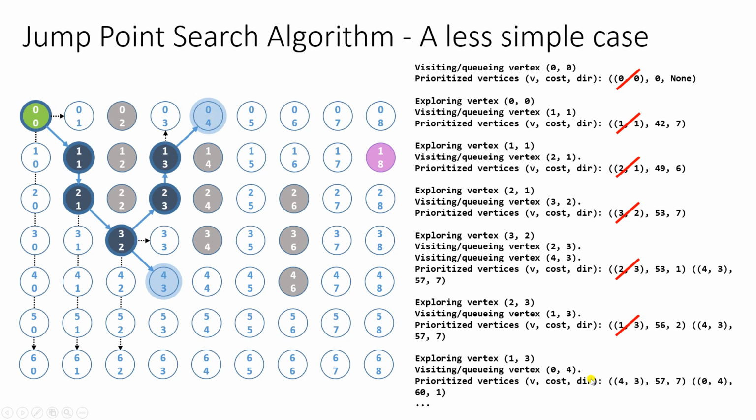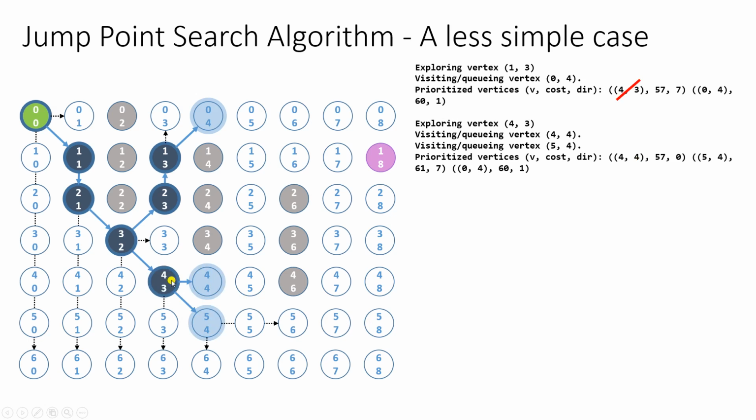By putting vertex 0, 4 into our priority queue, we have only 2 jump points currently, and that's vertex 4, 3, the cheapest one, and vertex 0, 4, the most expensive one. The next one to go will be, judging by the priority queue, vertex 4, 3. It's this one. Let's do that.